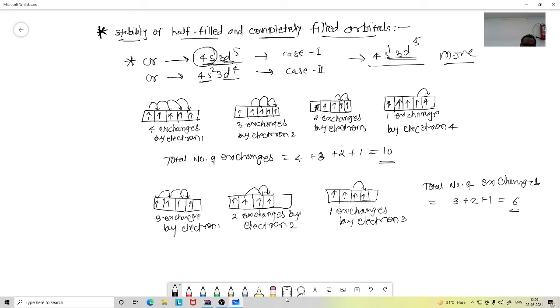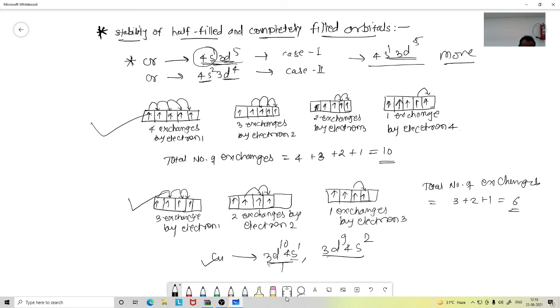For the copper atom, on similar lines, the electronic configurations are 3d10 4s1 and 3d9 4s2. These two types of electronic configuration will have total numbers of exchanges, as in chromium, and one is more stable.